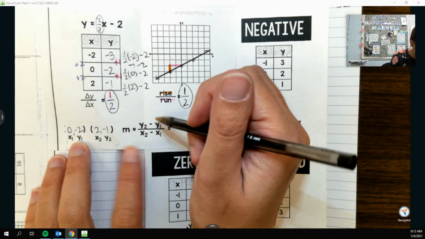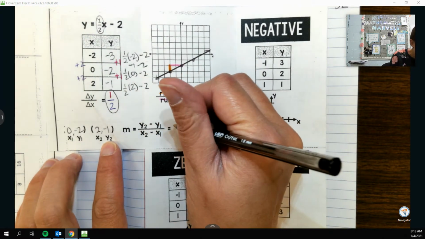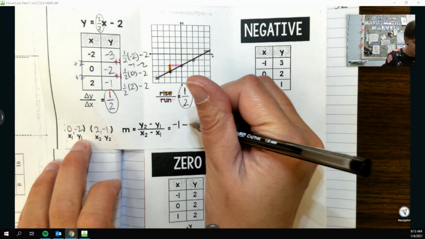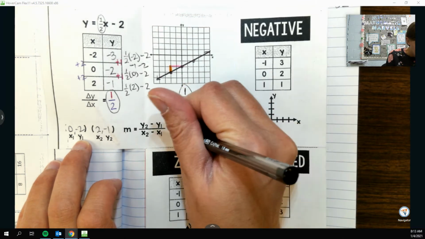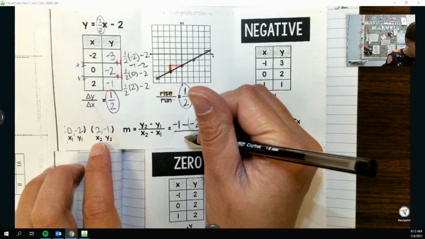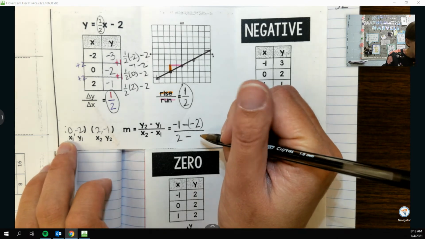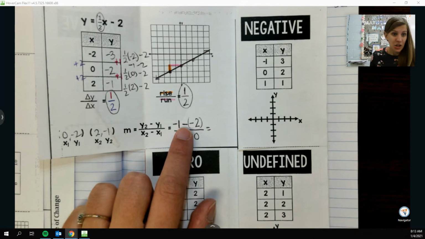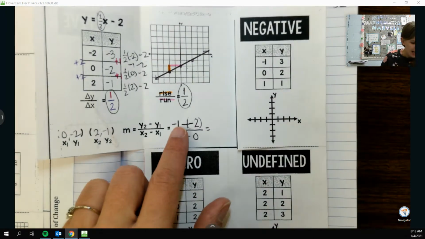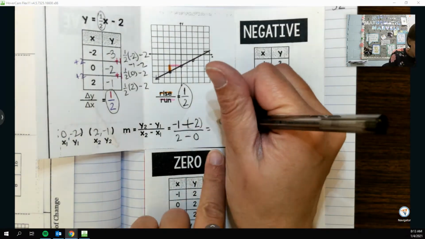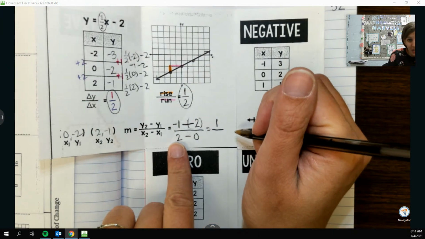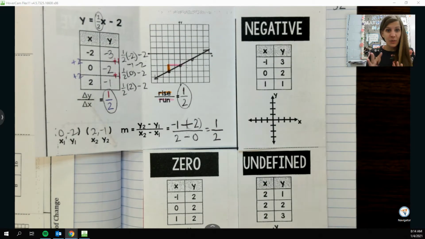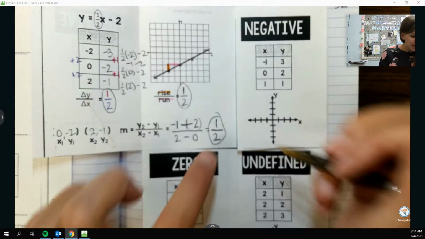Well, if I plug these in, y2 is negative 1 minus y1, which is negative 2, all over x2, which is 2, minus x1, which is 0. Well, on the top, the two negatives will turn into a plus, and so I'm going to have negative 1 plus 2, which is positive 1, over 2 minus 0, which is 2. Okay, so lots of different ways that we can always find that our slope is half.